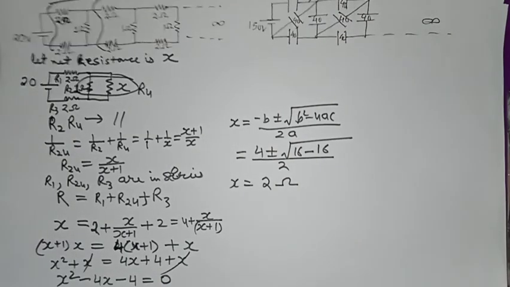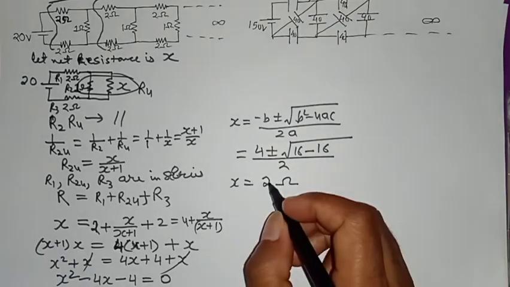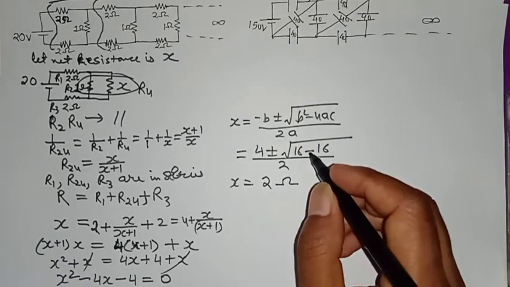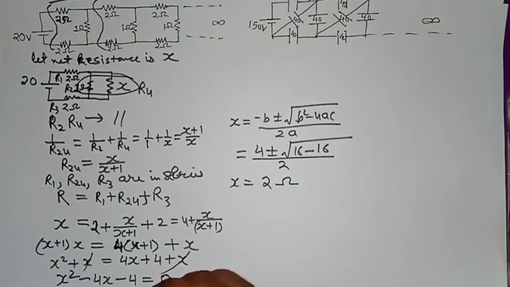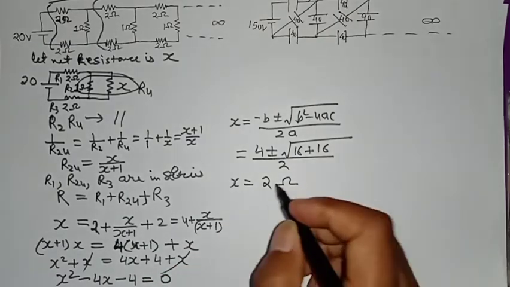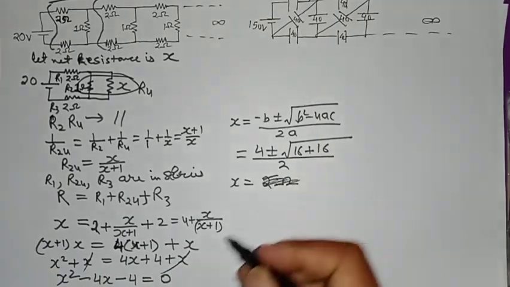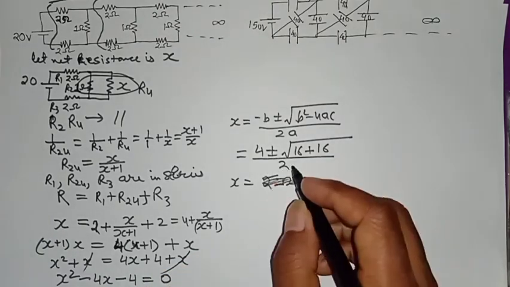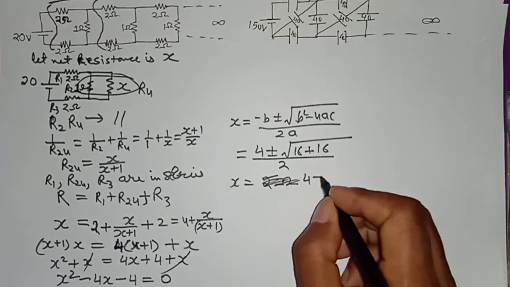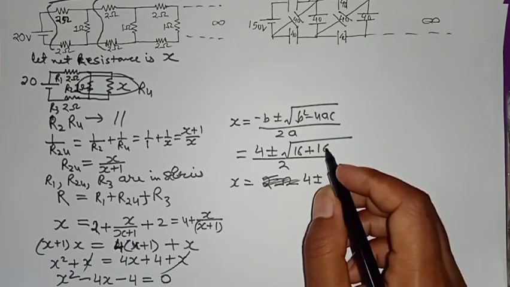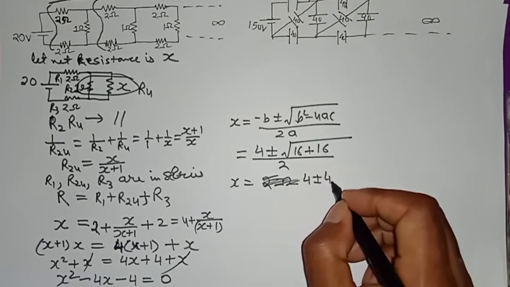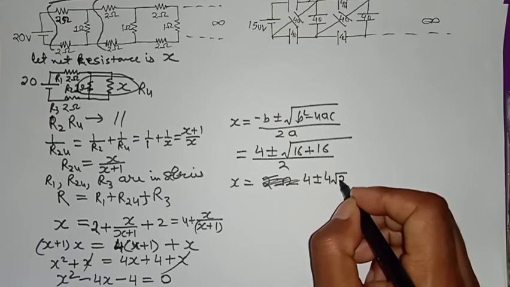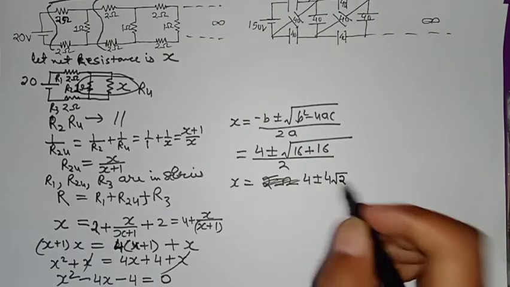Amazing. Oh, sorry students, there's a huge mistake because this is minus 4. So yeah, now actually I was shocked how we could get such a simple answer. 4 plus minus, this is 32, so 4 root 2, if I'm not wrong this time.